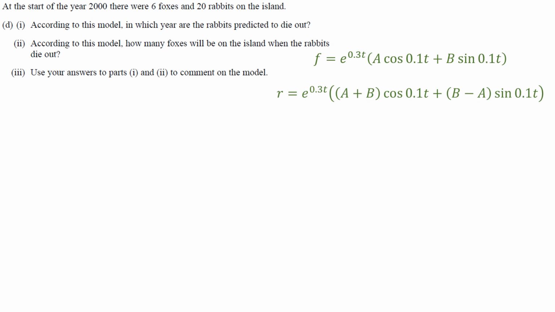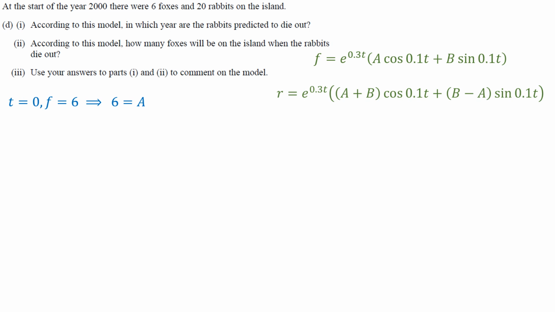In order to get to that point, essentially we just need to interpret the initial conditions we're given in order to turn our general solutions into particular solutions, and then we're just substituting in some numbers and rearranging to find the variables we're looking for. So I'd start with this. They told me there are 6 foxes at the start of the study, so when t is 0, f is 6.